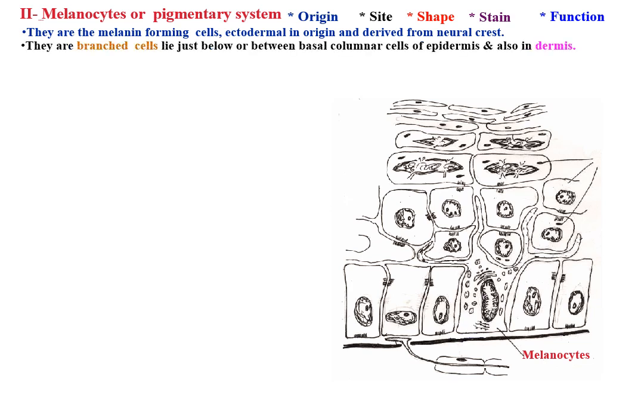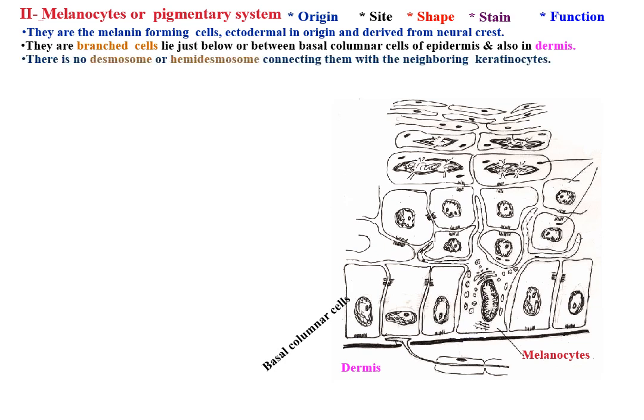They are branched cells lie just below or between the basal columnar cells of the epidermis and also in the dermis. There is no desmosomes or hemidesmosomes connecting them with the neighboring keratinocytes.